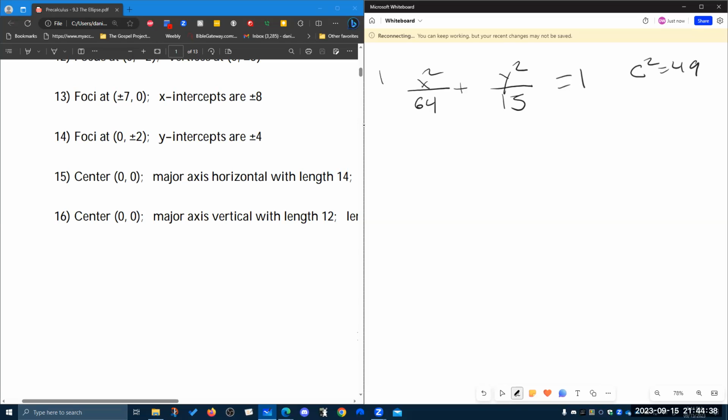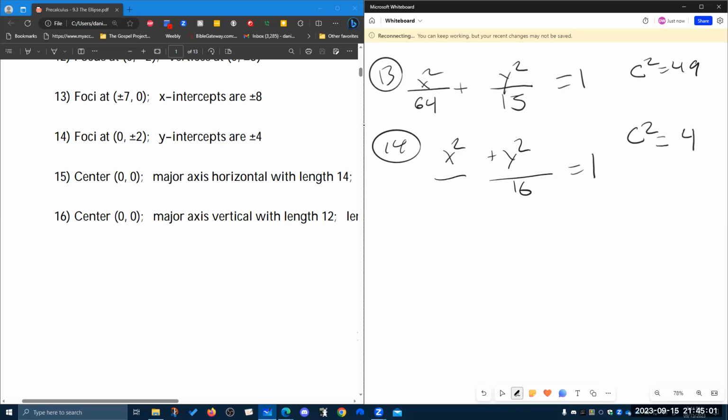And let's again assume (0, 0) here. C is 4. So I'm going to have 20 here.